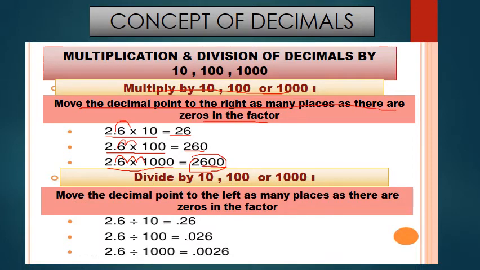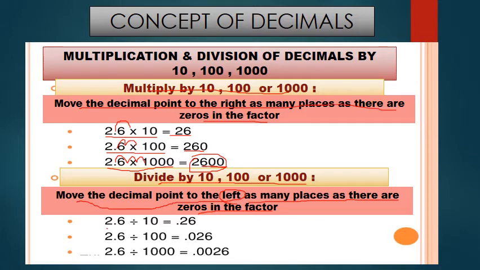Let's divide the decimals by 10, 100 or 1000. When we divide any decimal number by 10, 100 or 1000, we move the decimal point to the left as many places as there are 0s in the factor. Let's take a decimal number 2.6.